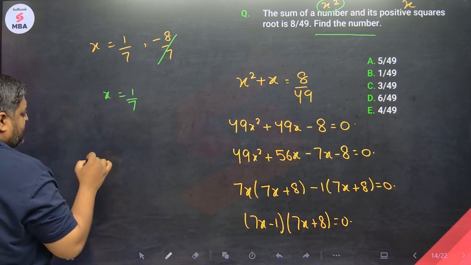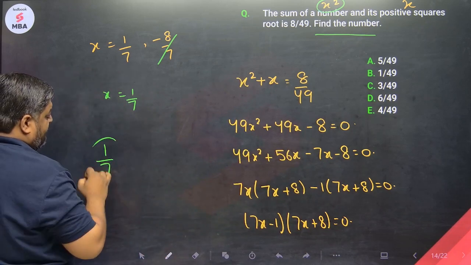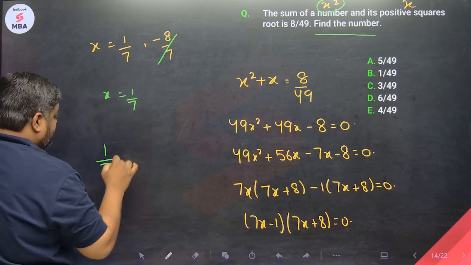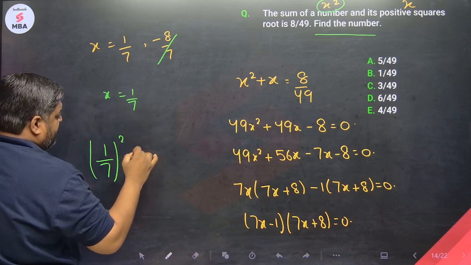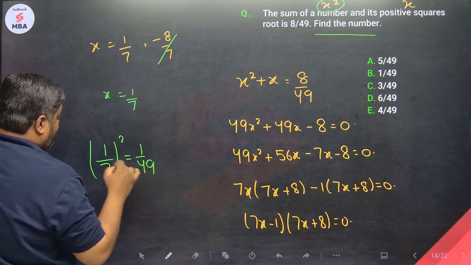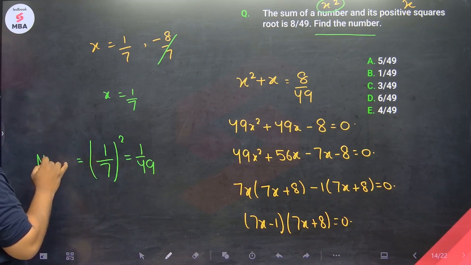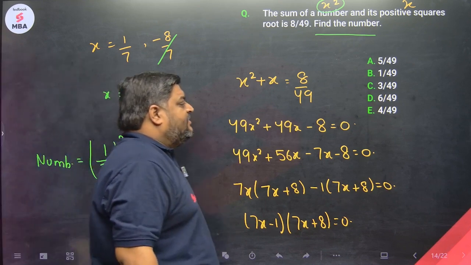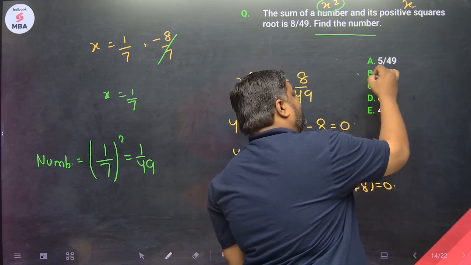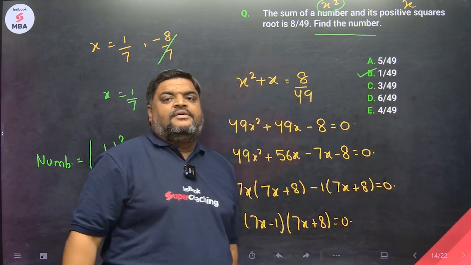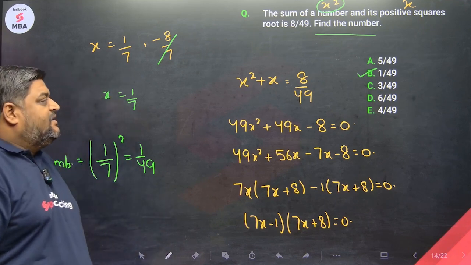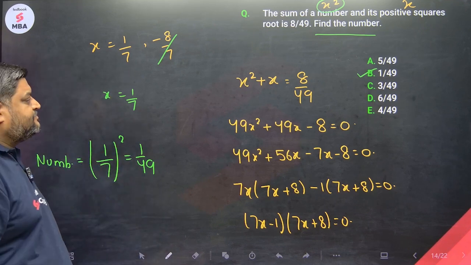So my answer to this question is 1/7 square. 1/7 square is 1/49. And this is the desired number. 1/49 option B. 1/49 option B is the desired number here. Sorted?